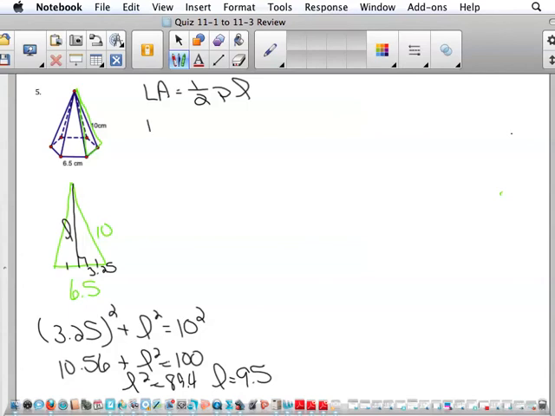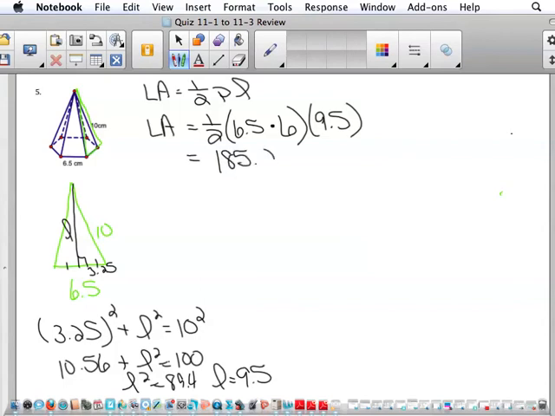So now my lateral area is equal to 1/2 the perimeter. The perimeter is 6.5 centimeters times 6 sides, times the slant height, which is 9.5. Which gives me a lateral area of 185.25.